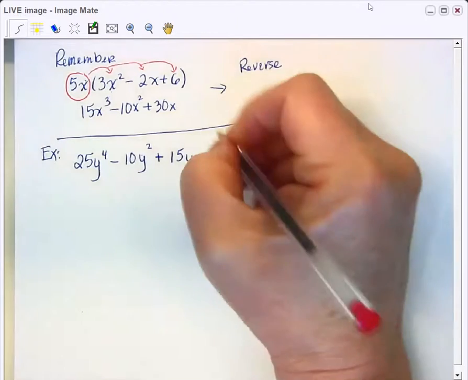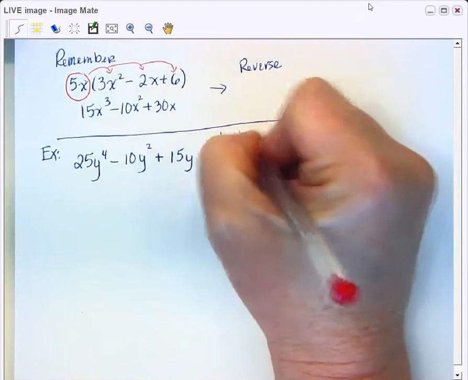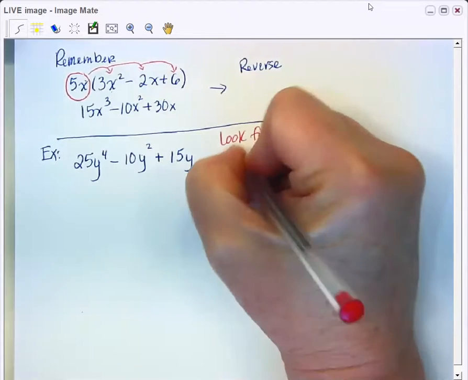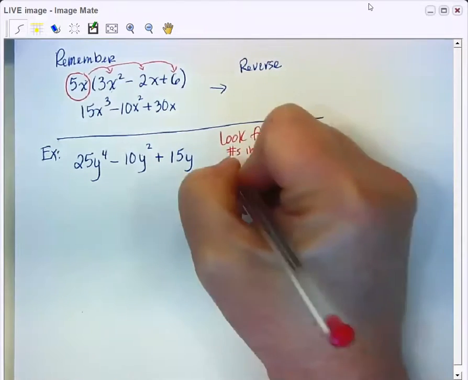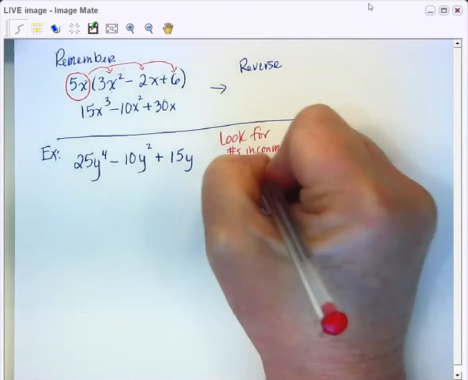So here's what we're looking for. Look for numbers in common and variables.